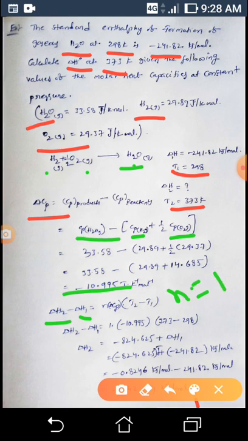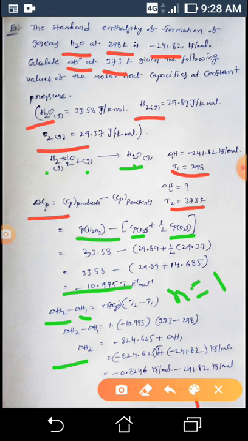Substituting n equals 1, ΔH2 minus ΔH1 equals 1 into minus 10.995 into (373 minus 298). Substituting the values, ΔH2 minus ΔH1 is minus 824.625. That is in joules only.